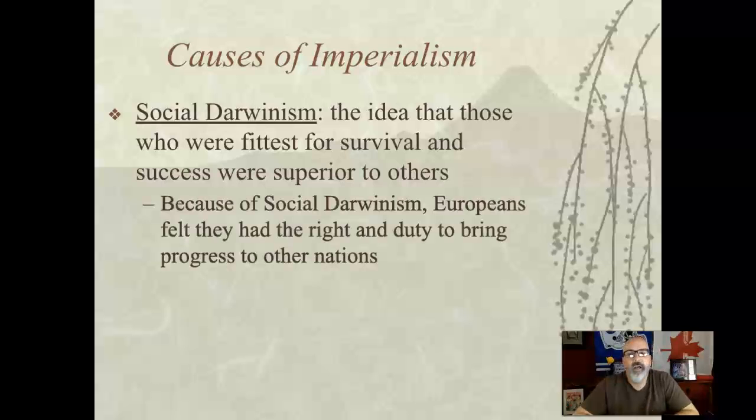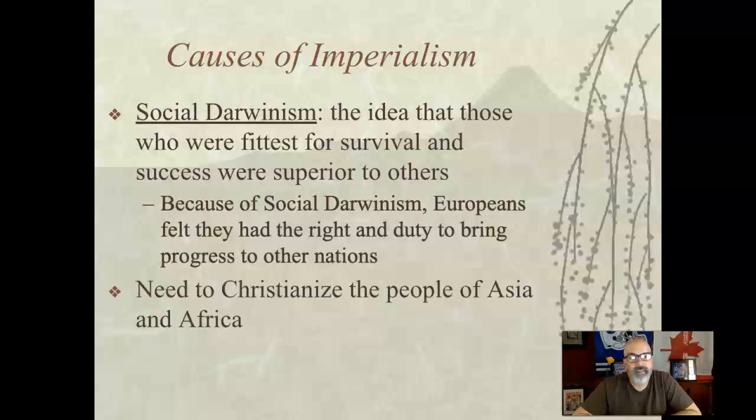Okay, so Europeans feel that they have the right and the duty to bring all of their great progress to the other peoples of the world. Okay, so I talked a little bit about that, sort of the two faces of racism. And then we get another group who are really sure that the people of Africa and Asia, if they die without hearing about this guy Jesus and his mission to earth and the saving power of his death and resurrection, that they're going to go to hell.